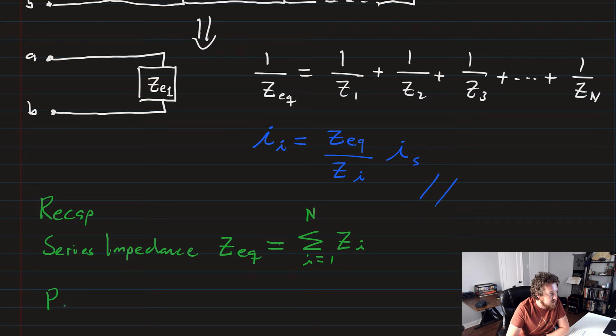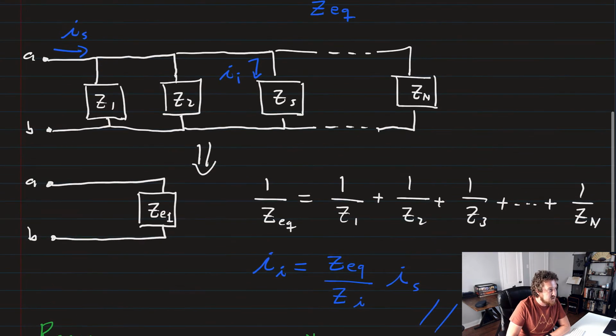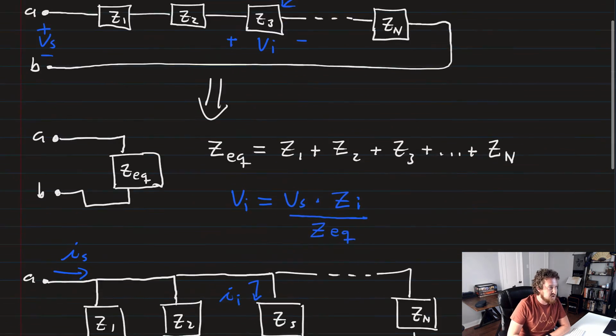And parallel impedance is the same deal: 1 over Z EQ is equal to the sum, from I equals 1 to n, of 1 over Z sub I. So there's the concept. Super simple, same as resistors in your Circuits 1 class.